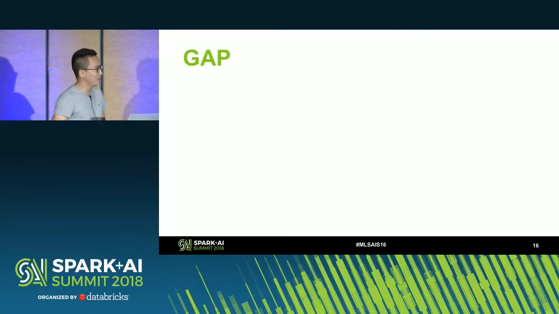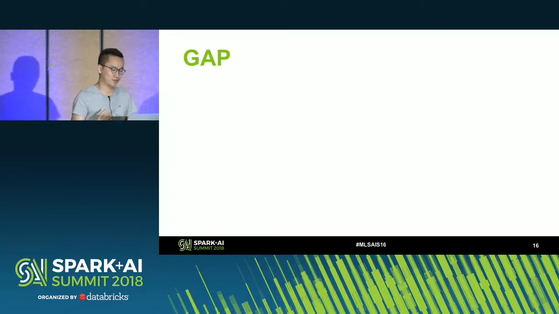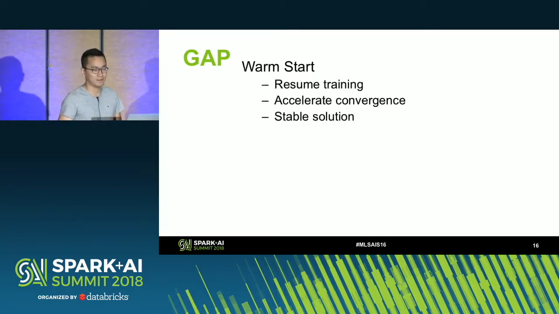We have introduced the benefits we got from the Spark 2.3 release and some of the work contributed by the community. But there are still some gaps that are required by a lot of companies like JD.com and others. The first one is warm start.